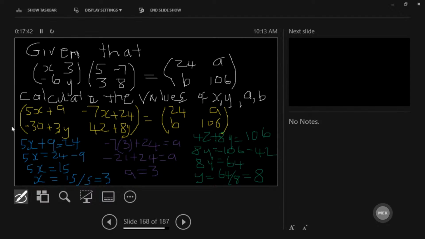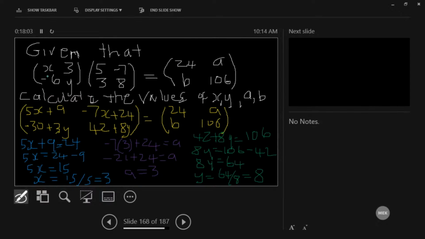So when we expand matrices, we multiply rows by columns. So this row times that column, and that row times that column. And then this row times this column, this row times this column.